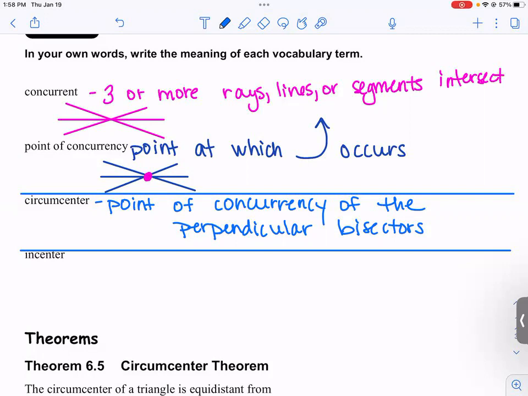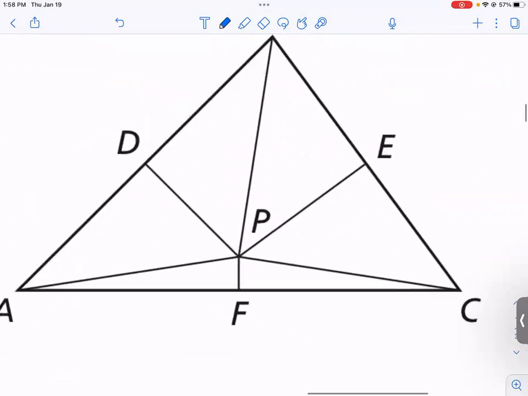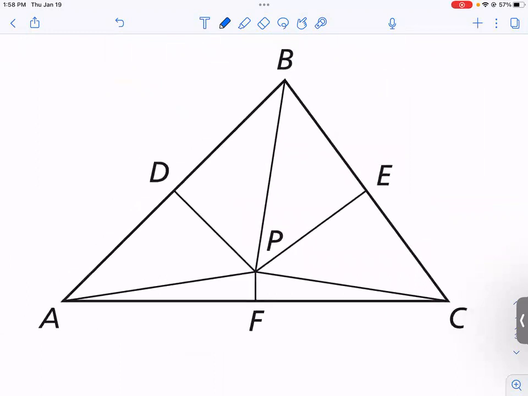So I'm going to have you draw your attention to this picture right here. So point P is our circumcenter. Angle D is our perpendicular bisector. Well, what does that mean? This is a 90-degree angle and it splits this into 2. Now let's think back to our notes from Tuesday.